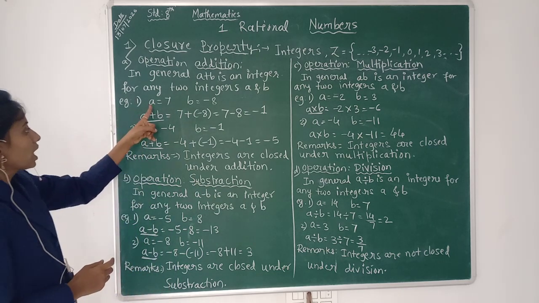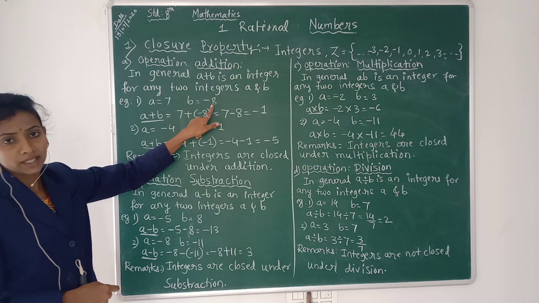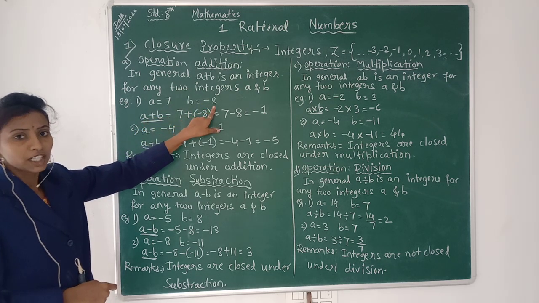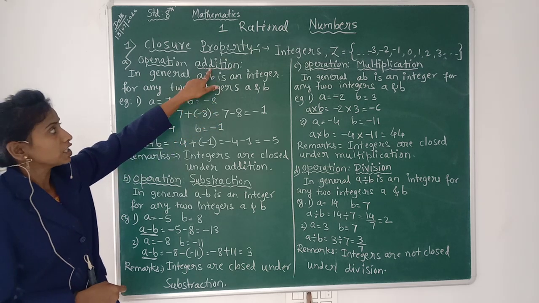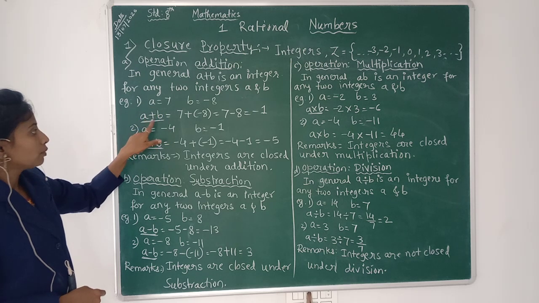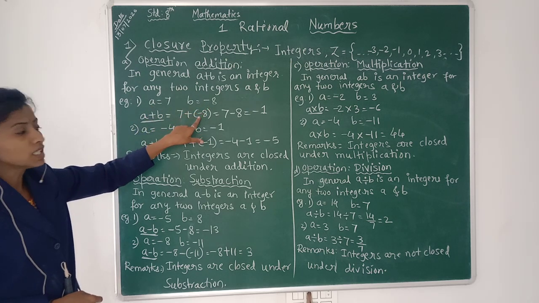For example, I have taken a is equal to 7 and b is equal to minus 8. 7 is a positive integer and minus 8 is a negative integer. We do the addition: a plus b is equal to 7 plus, with b in brackets, minus 8.